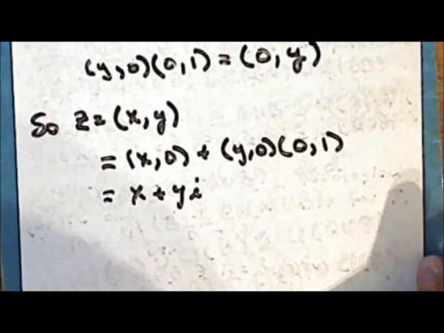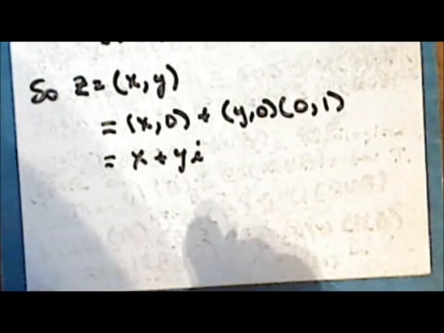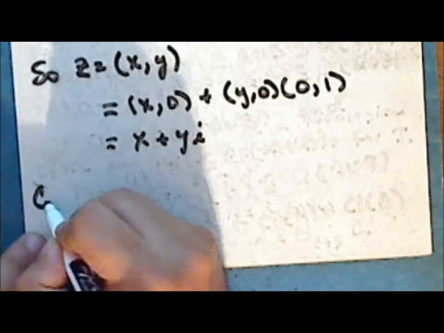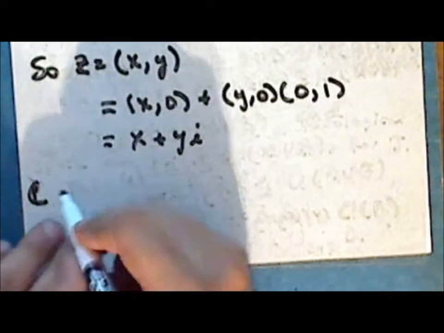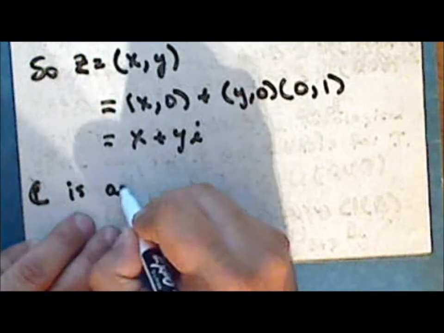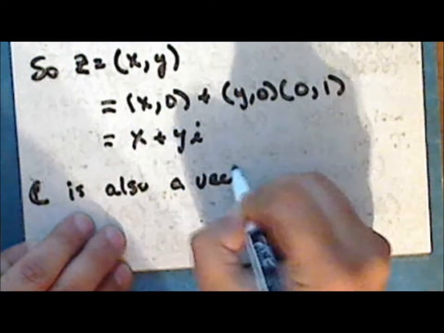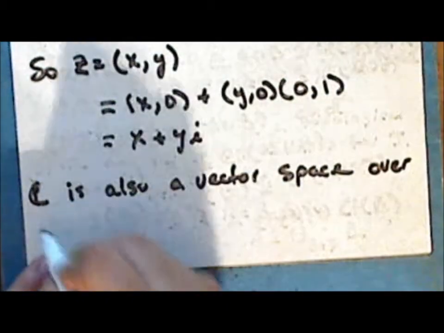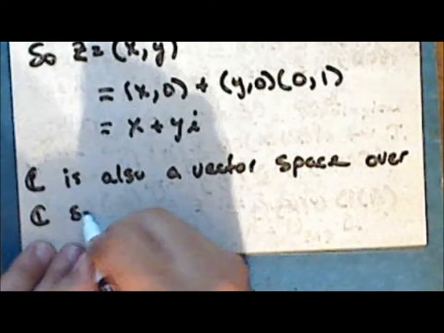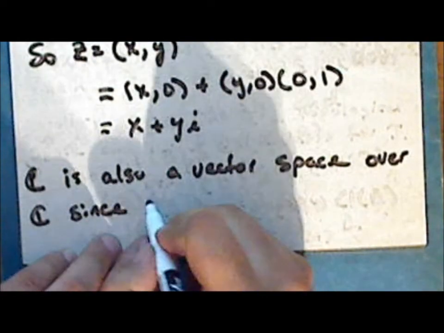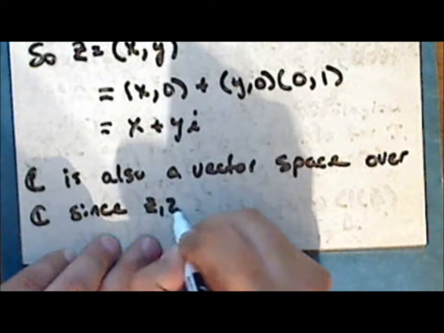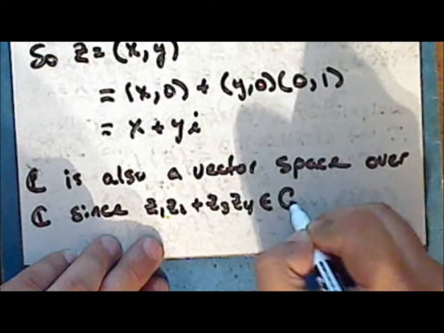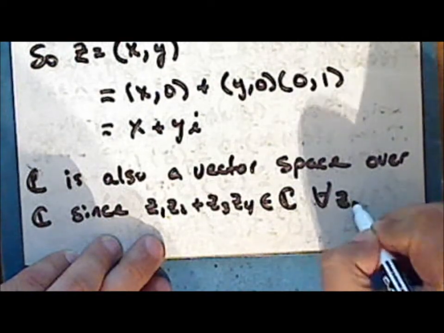All right. Now, as we can multiply and add vectors, the set of complex numbers is also a vector space over itself, since for any four complex numbers, z1 times z2 plus z3 times z4 is once again a complex number for any choice of complex numbers z sub i.